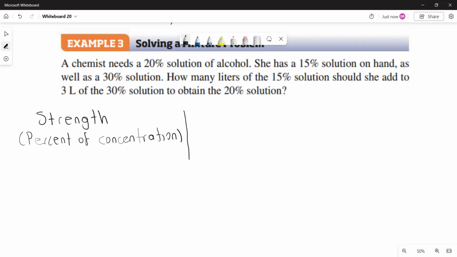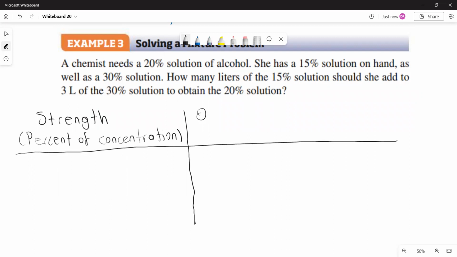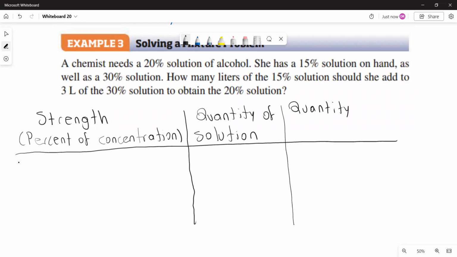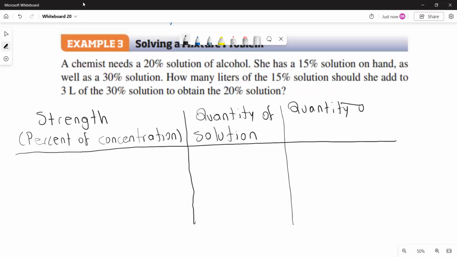We have the quantity of solution. And we have the quantity of pure alcohol.